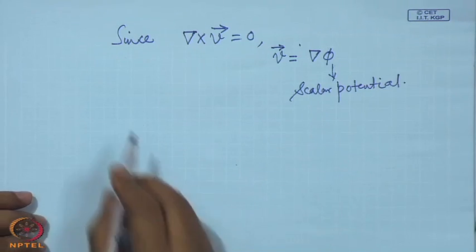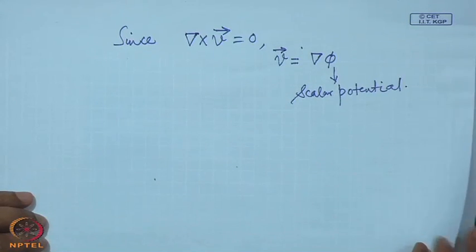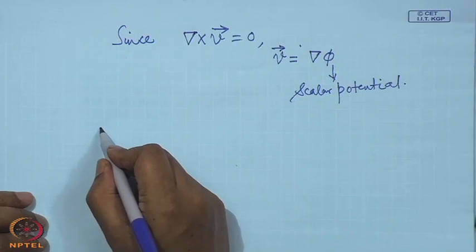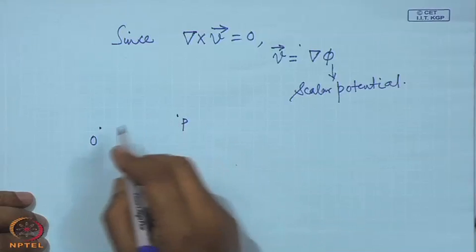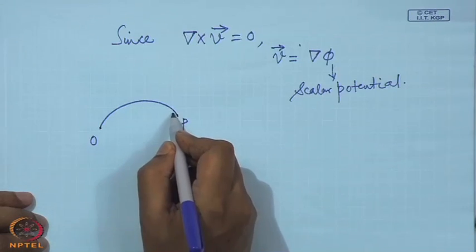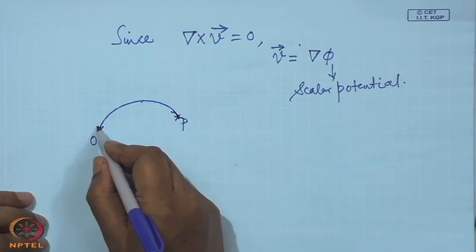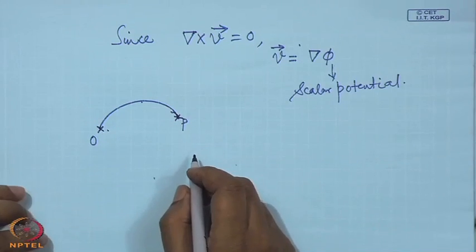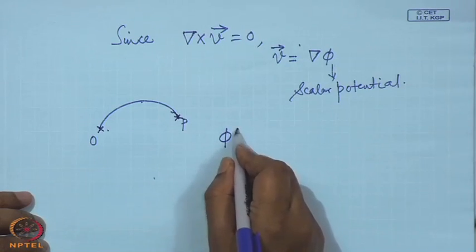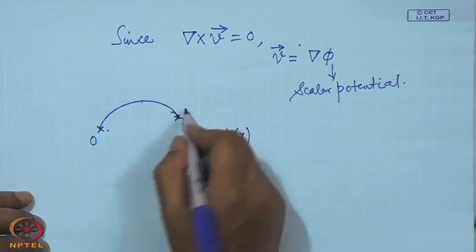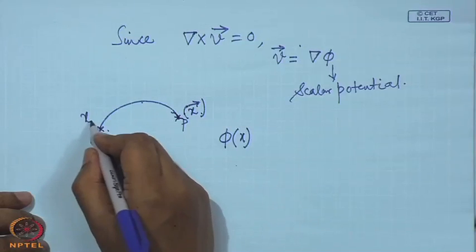Now, using that relation we earlier had, can you write phi at x, where this is the point x and this is the point x0.